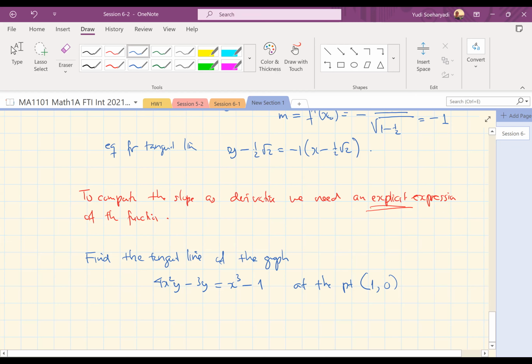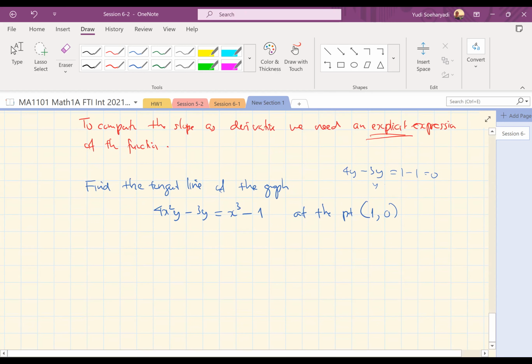So plug in 1 for x, so this minus 4y, 3y, equals this one. So y equals 0. All right, so it is a point on the graph. Okay, make sure this point is on the graph.